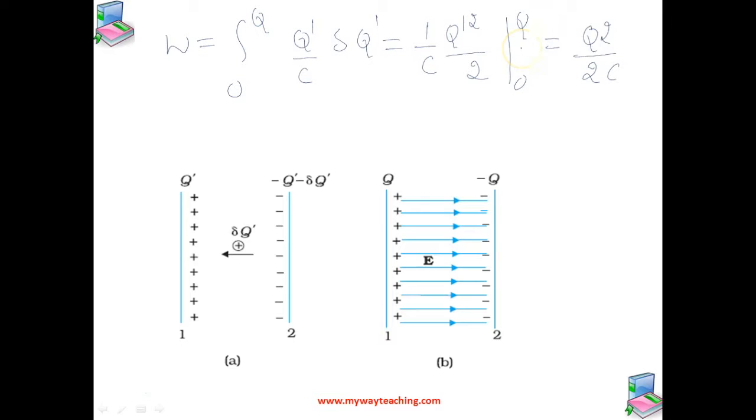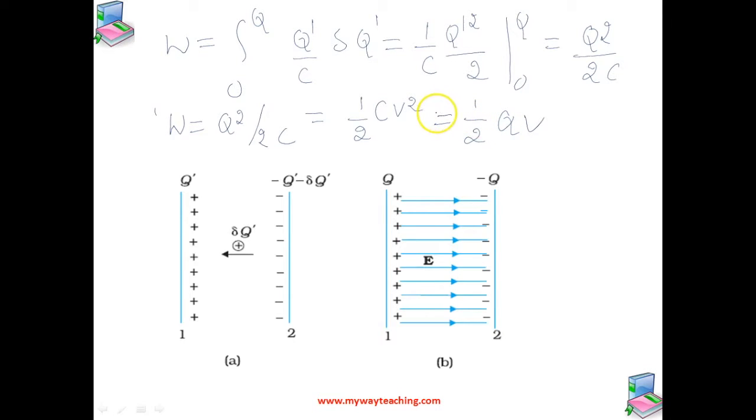This is not surprising since integration is nothing but summation of a large number of small terms, isn't it? So we can write this result, Q²/2C, in other ways, that is 1/2 CV² or 1/2 QV.